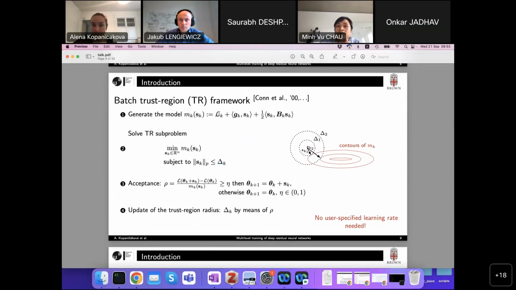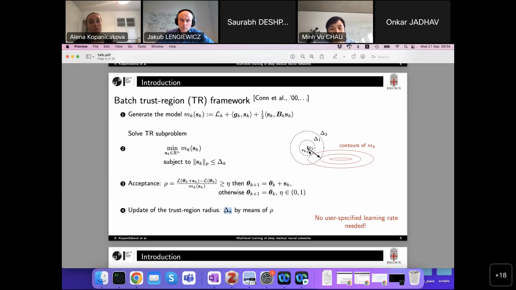Then what happens in a trust region method during the first few iterations, if this delta is too big, is the trust region algorithm will just adjust, so it will shrink this delta t automatically. So the user doesn't have to do anything. You just have to wait for the algorithm to adapt and adjust.